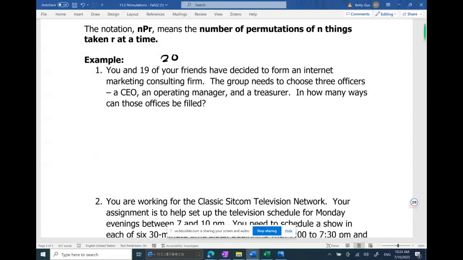Okay, so basically you have 3 slots, right? You have only 3 offices: CEO, OM, operating manager, and a treasurer. So what is your task here?